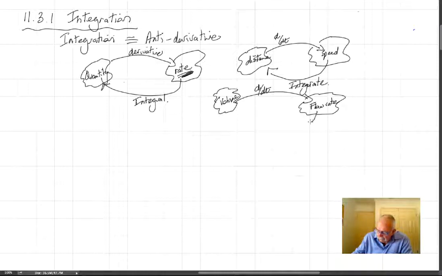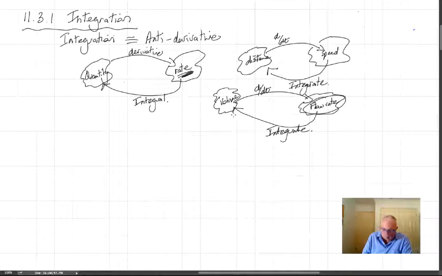If we've already got the flow rate as a function of time and we integrate it, then we'll get the volume of water that flows in or out in a particular time. So the derivative gives us the instantaneous rate. When we integrate rate, we go back to volume.